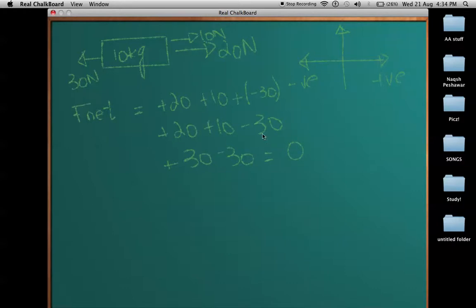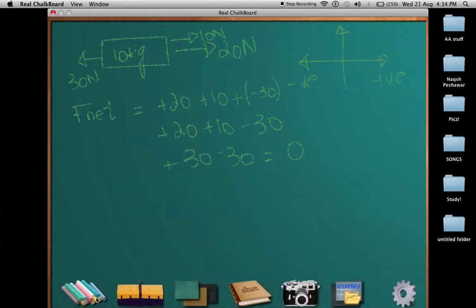This means that it is as if there is no force being applied on this box, because this 30 newtons in this direction is nullifying the 30 newtons in this direction. Because they are in opposite directions, they can nullify each other, and therefore there is no net force.